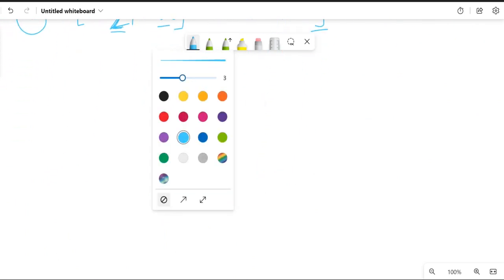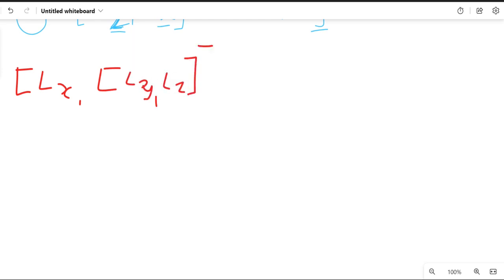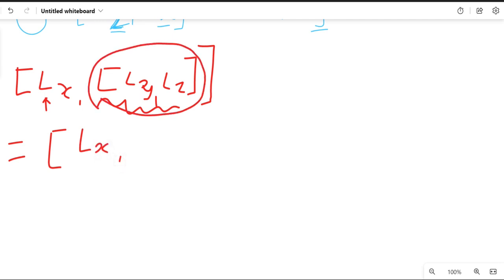Let me see Lx in commutation with Ly, Lz. This is what we are given. First of all, put the relation here for Ly, Lz. It will be Lx as it is, and the commutation relation of Ly and Lz will give you i h cut Lx, since y and z are coming, so here it will be x.